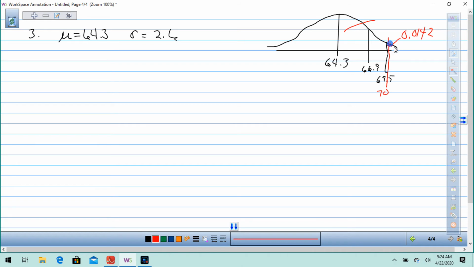This is the area we're looking for, greater than. So the probability that X is greater than 70 inches is 0.0142 or 1.42%. And that's A.